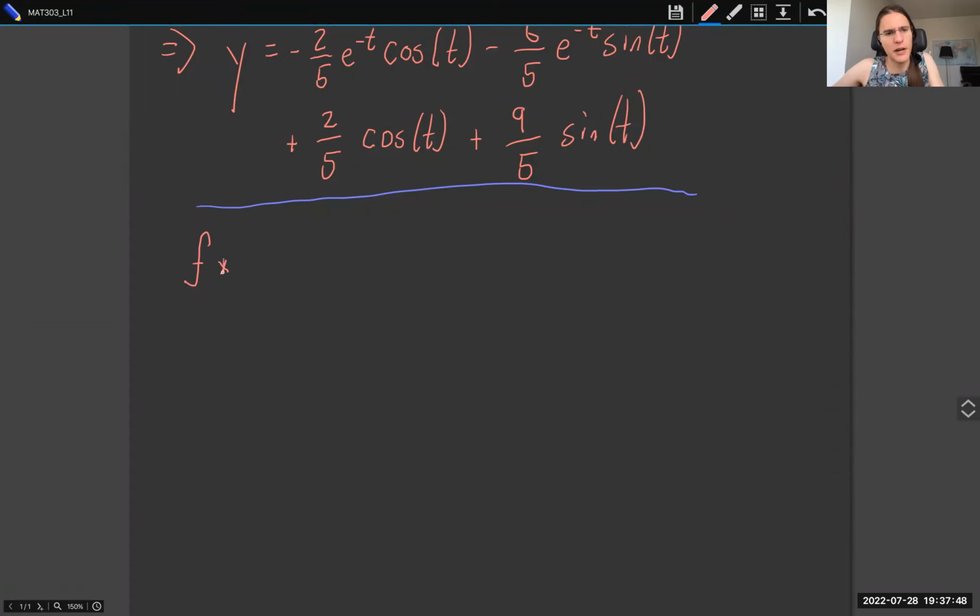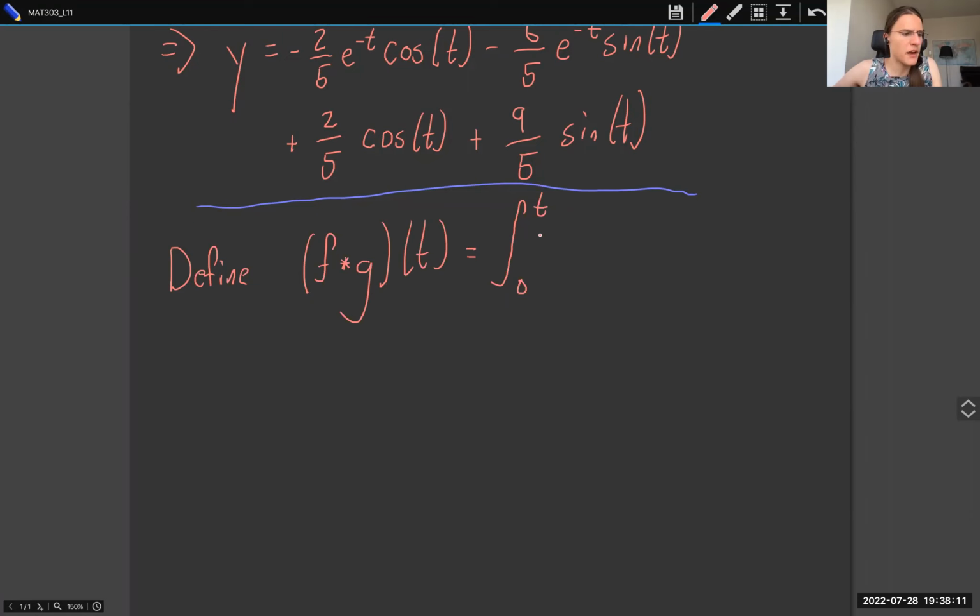So I'm going to define the convolution of two functions evaluated at t to be the integral from 0 to t. And then I need some variable, and s is a bad variable to use. So I'll make the variable be the most annoying thing possible, a Greek xi.